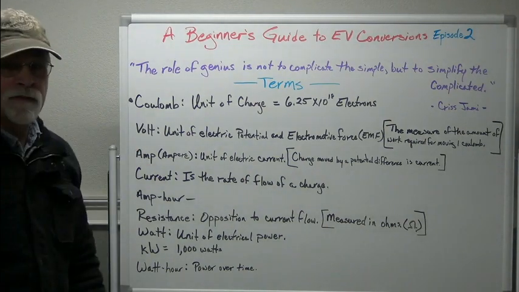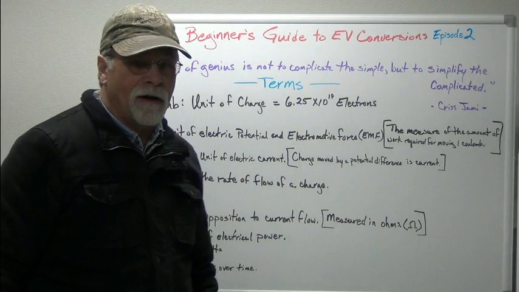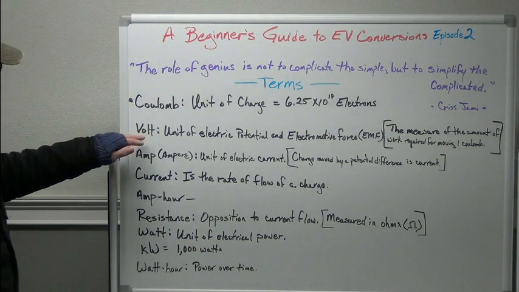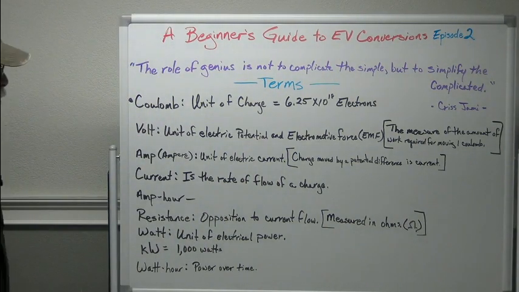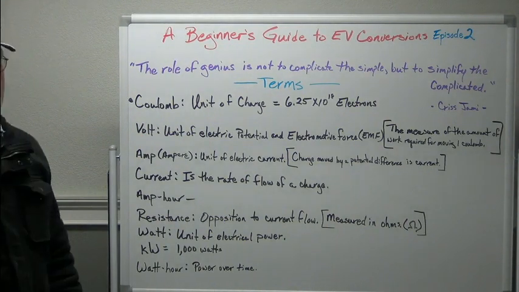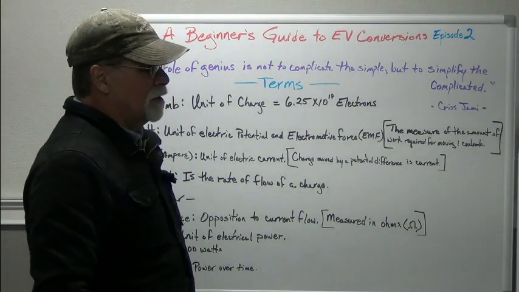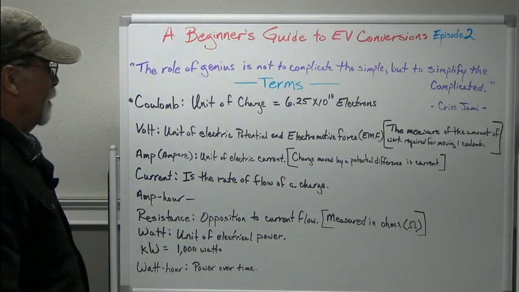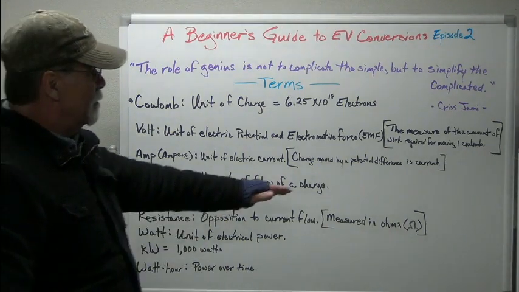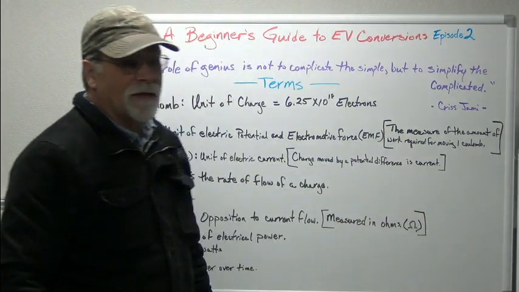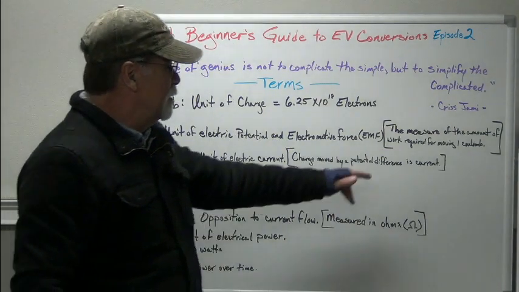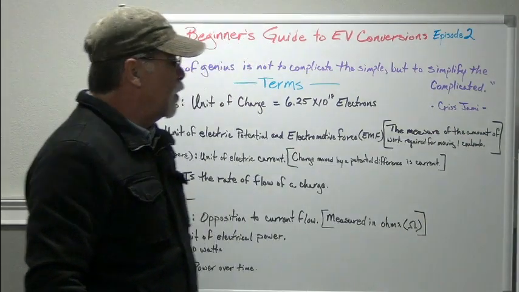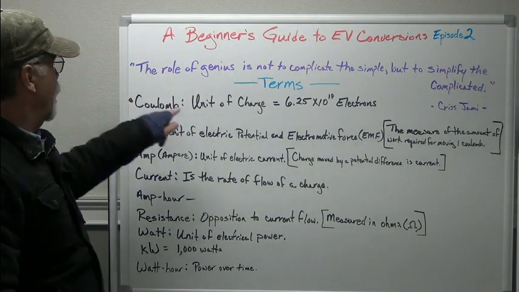One that we've all heard, matter of fact, GM named a car after it, and that's the volt. A volt is the unit of electric potential and electromotive force, EMF. To reduce it down, it's the measure of the amount of work required for moving 1 coulomb.